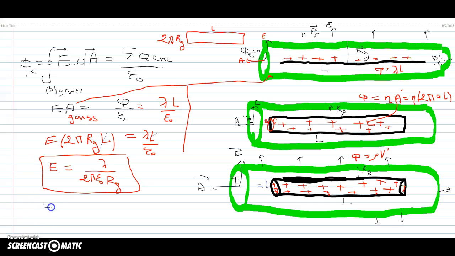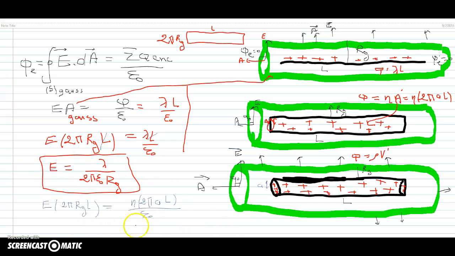So E, the area will not change, the Gauss area, 2 pi Rg, that's the circumference, times L, that's the area, equals, so now we have eta, 2 pi, then a, the radius of the cylinder, and then L, all this divided by epsilon 0.